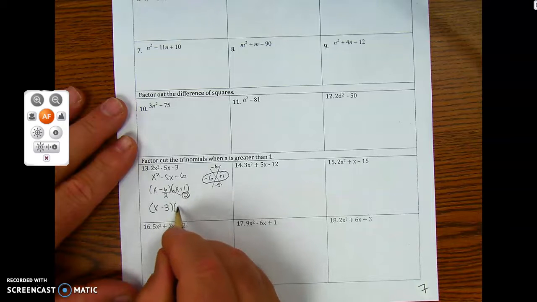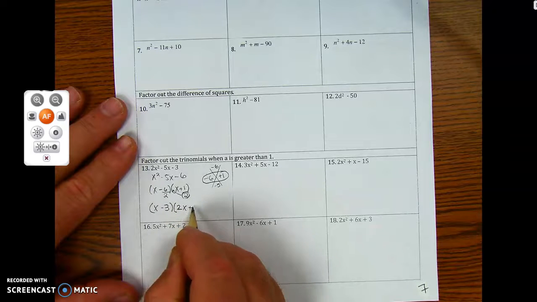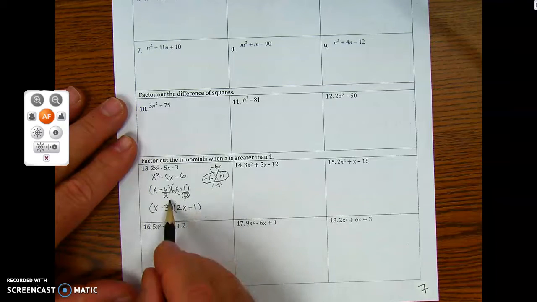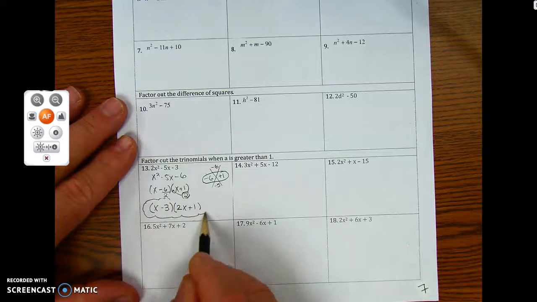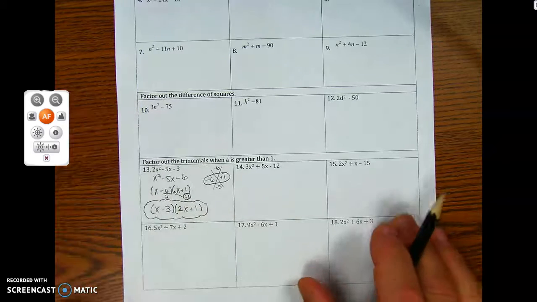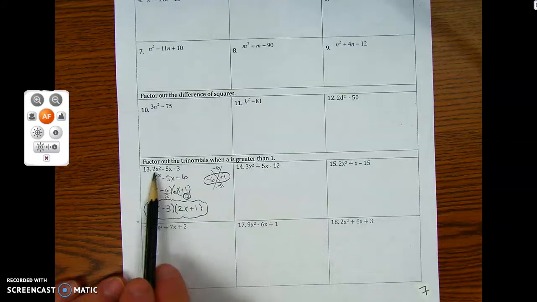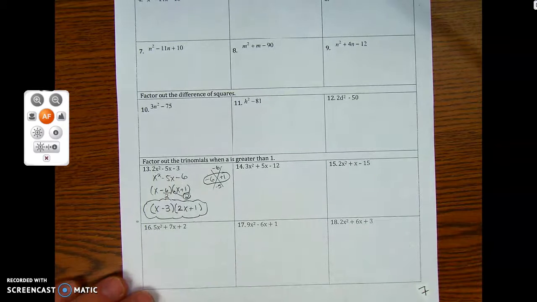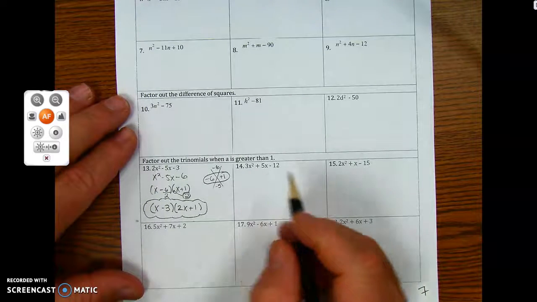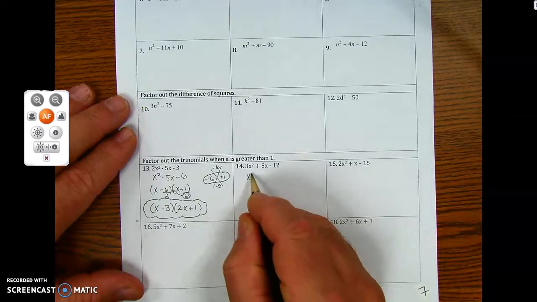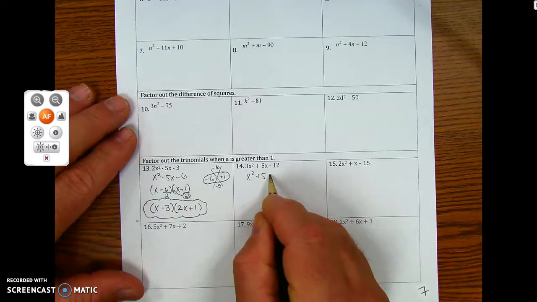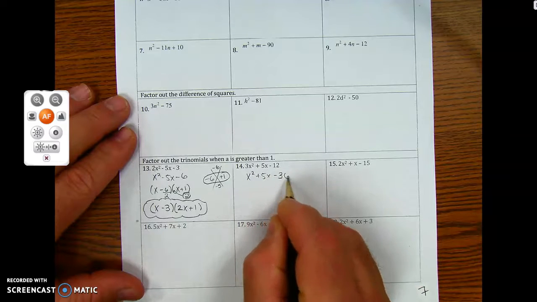So my second factor is going to be 2x plus 1. So if you were to multiply all of this back out, you would get the original problem, 2x squared minus 5x minus 3.